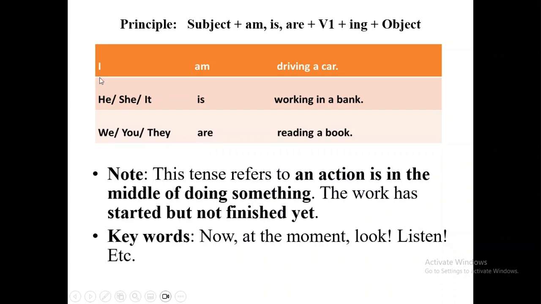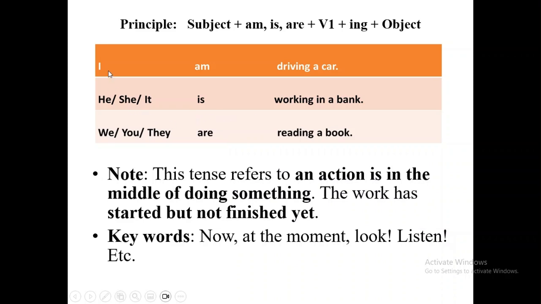When the subject is singular, like I, he, she, it, then the verb should be singular only. So, we are reading a book, you are working in a bank, they are driving a car. Like that, we use am, is, are in the present continuous tense in sentences.